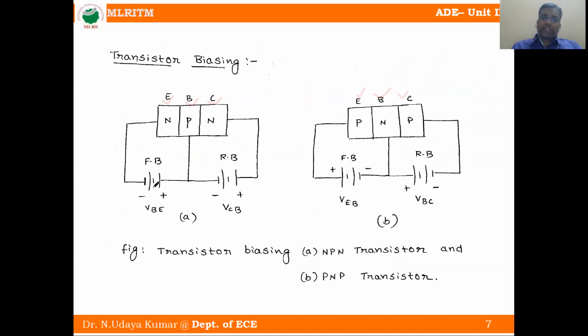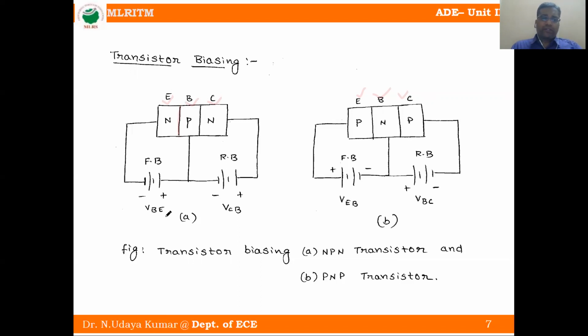But we can connect the bias. Bias means adding a battery to the device. So this is one junction, the emitter base junction, the first junction.